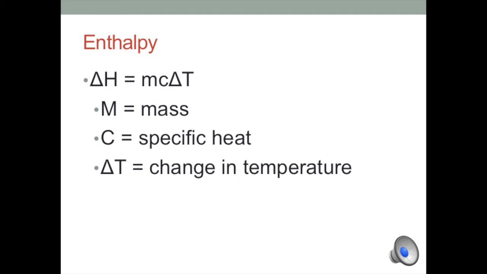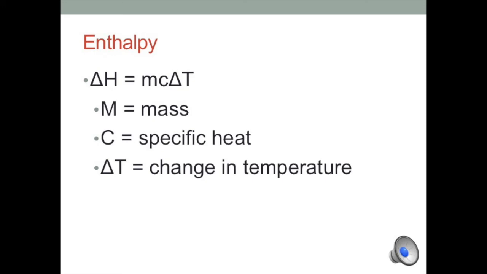It's going to be that 15 degrees. It's going to be the difference between the two. And so you're definitely going to be on the lookout for that during the lab, because that's going to be a key component in helping decide if it's an endo or exothermic process. So just be sure that you have this equation written down, that you know which each variable is, to be able to help you throughout the lab.